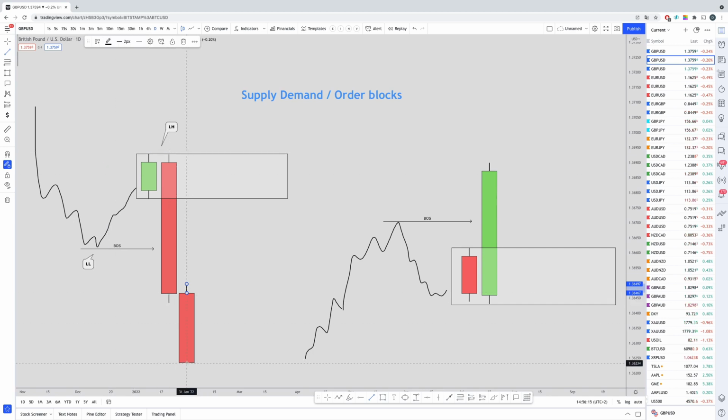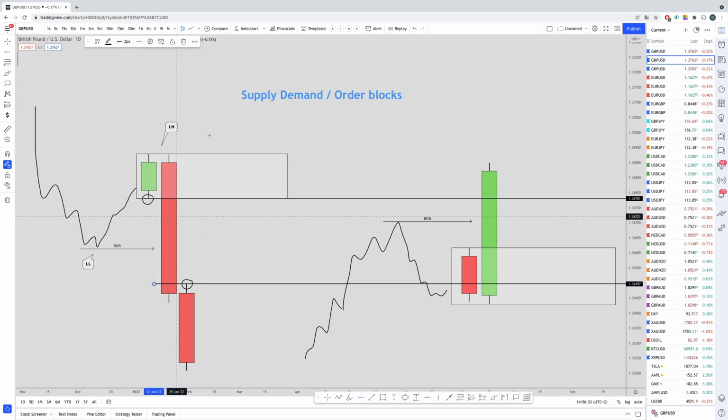Price is moving to the downside, and you will see that there is a gap between this wick over here and this wick over here. So I call this a gap, or another word for it is market inefficiency.